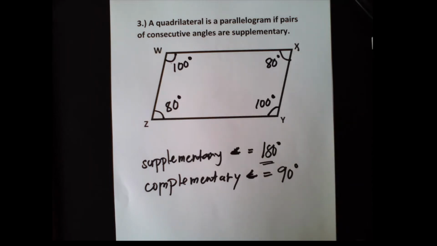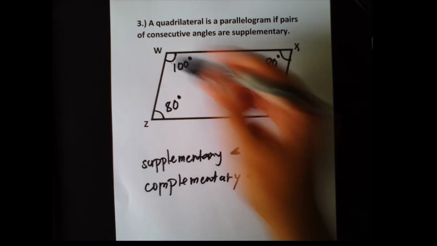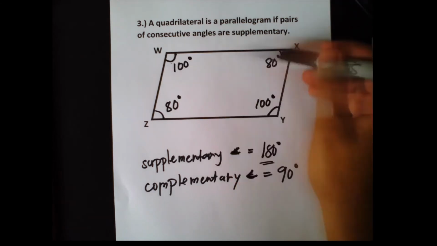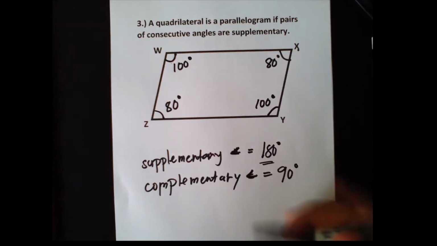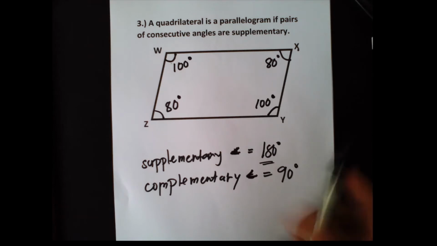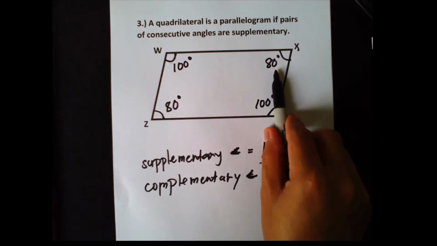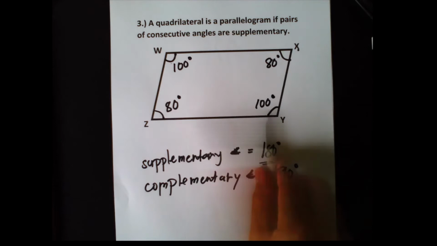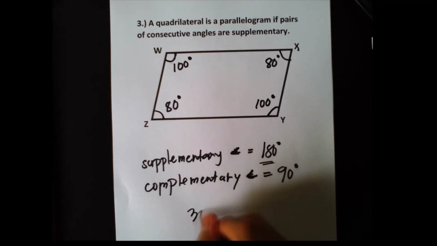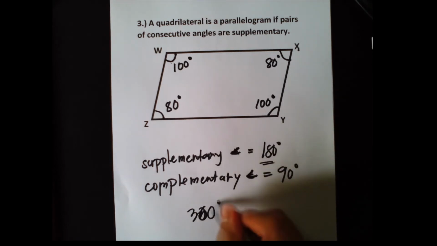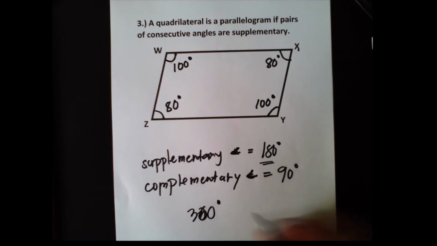180 degrees. Remember that in assigning or checking the measurements of the angles, the total should be 360 degrees. As you can see, we have 180, and 180, so a total of 360 degrees, the measure of a quadrilateral.